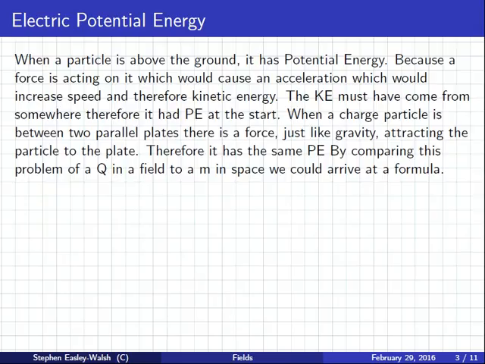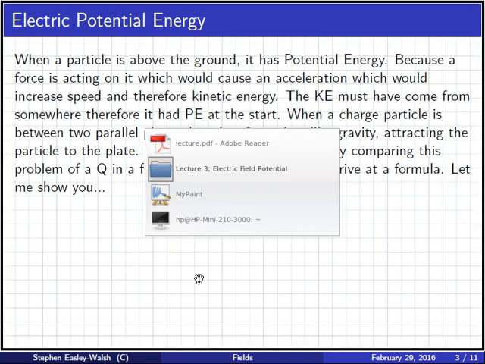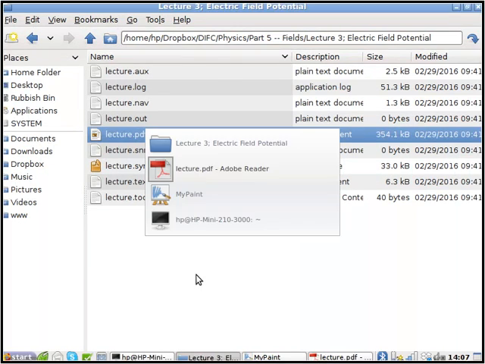So by comparing this problem, by thinking about it this way, we can arrive at a formula. Maybe the energy didn't come from the particle, but from the field itself. Yes, essentially, the field is the reason why. But we need to get a formula.